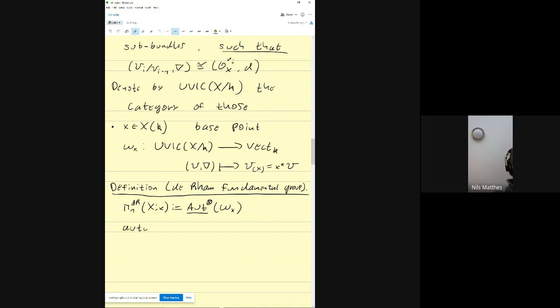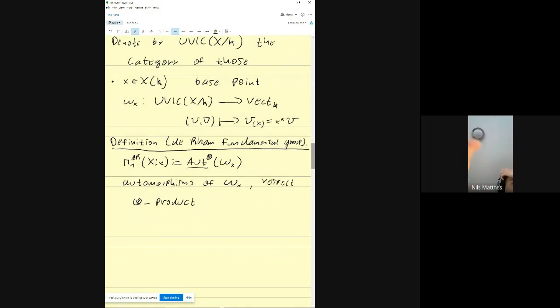So these are the automorphisms of omega_x that respect the tensor product. This is a group in the sense of algebraic geometry.